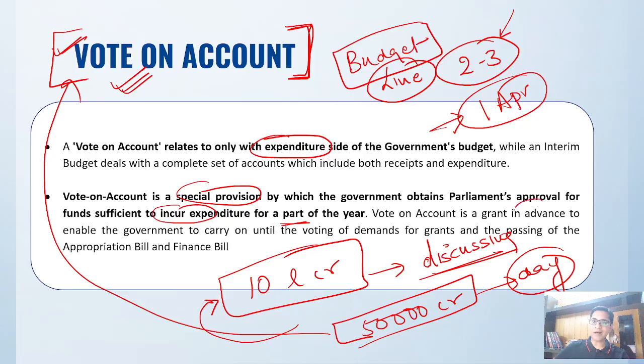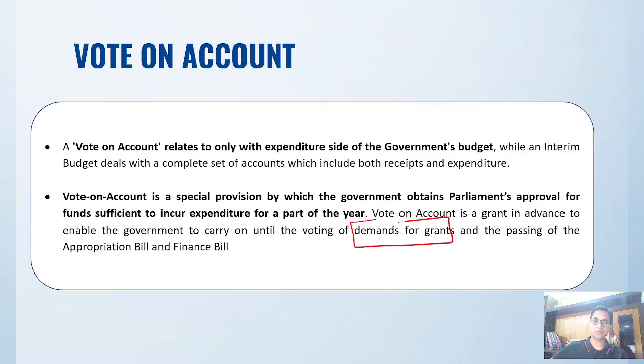It is like an advance given until the voting on demands for grant happens. In the budget you have demands for grant, like I want this much for this ministry, that much for that ministry, for that program. So till that gets passed, you get an advance from the parliament.